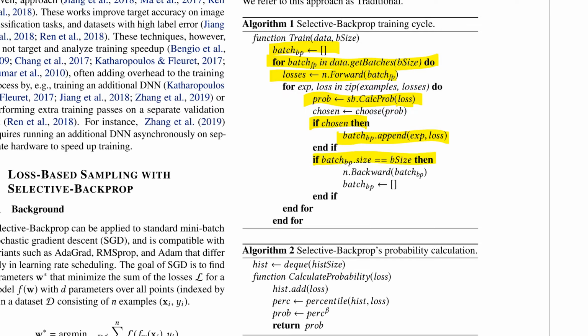If this buffer is of a certain size, then you do the backprop only on this buffer. And this buffer now only has the high loss examples, or the high loss examples with higher probability. And don't forget, within this backward here, there is also an implicit forward pass. And then you clear the buffer and go on. So you see there's lots of forward passes here to compute the losses, and then every now and then there is a backward pass whenever the buffer is of a certain size.